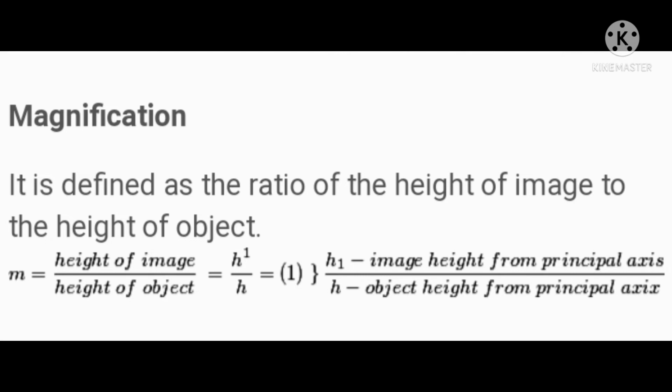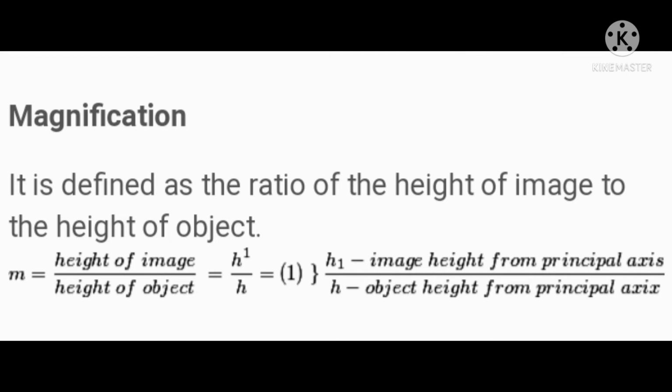Small m represents magnification. Magnification equals the height of the image divided by the height of the object, which we can write as h dash divided by h. h dash represents the height of the image, and h represents the height of the object.